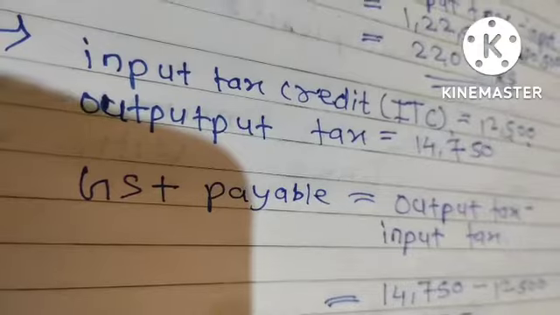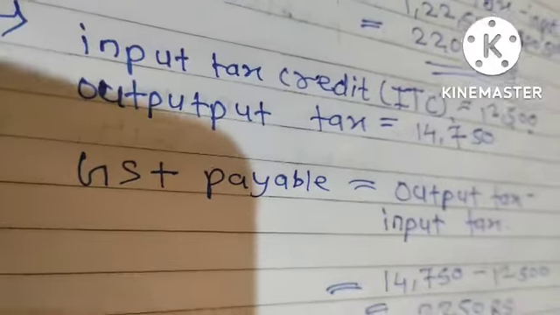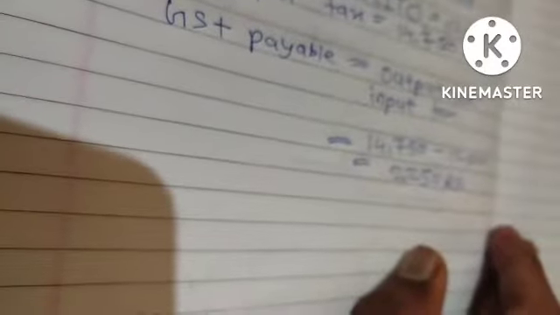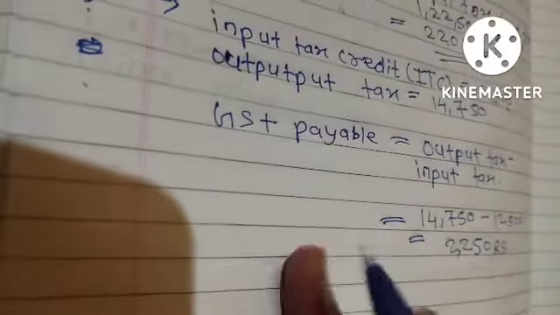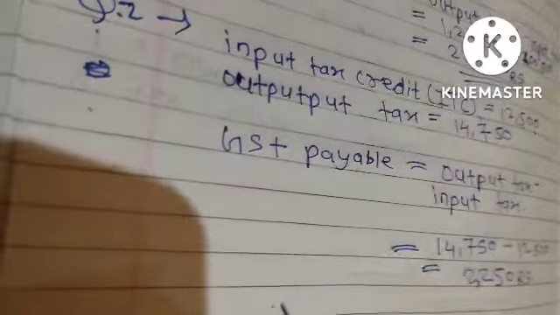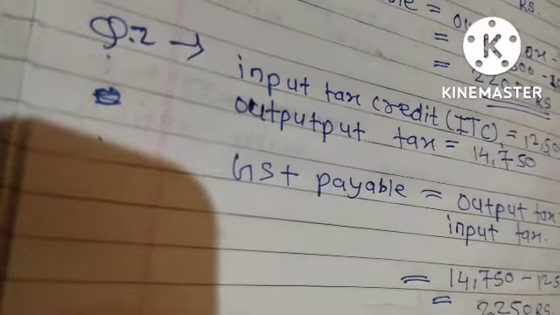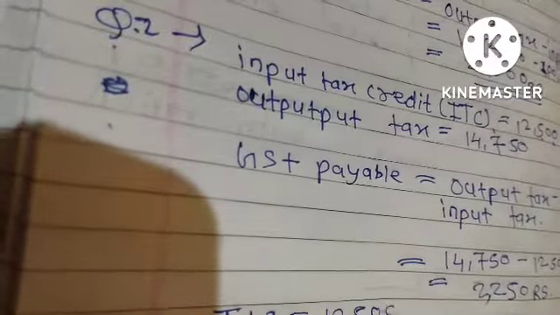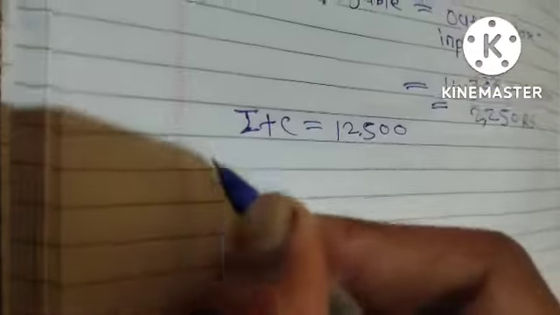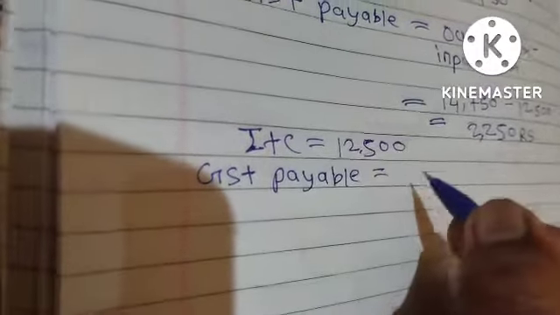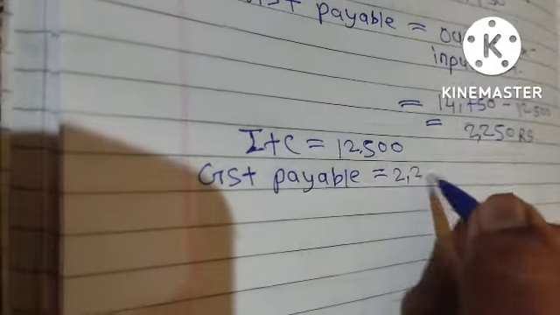That will be the answer. ITC is equal to 12,500 and GST payable is equal to 2,250 rupees.